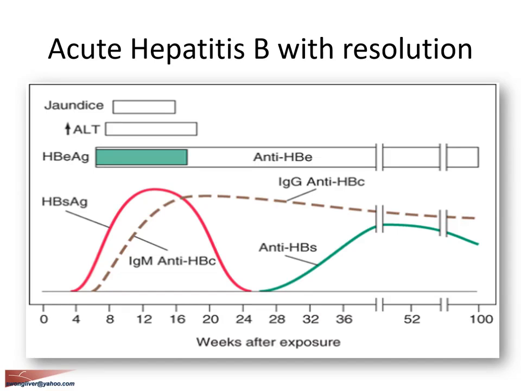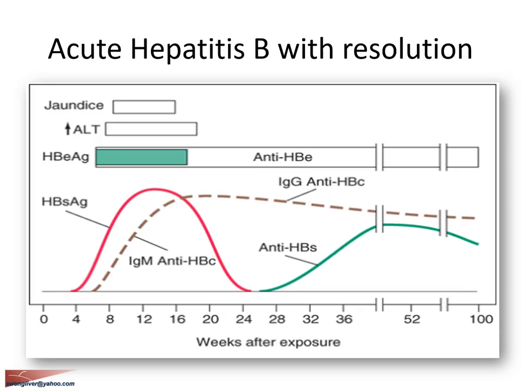Now, when you look at serology of patients with hepatitis B, there are two things that can happen. It really depends on when you got the infection. So, as I've mentioned earlier, if you get the infection as a child, perinatal transmission, then the probability of resolution, meaning your immune system is able to fight off the virus, is low.